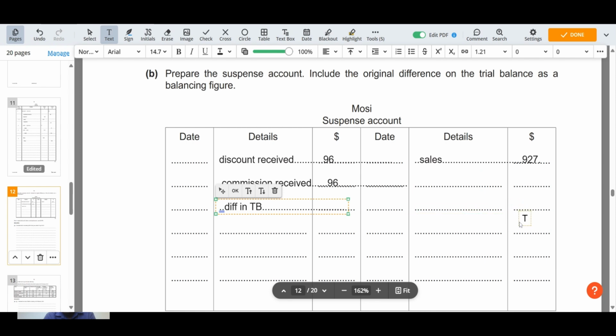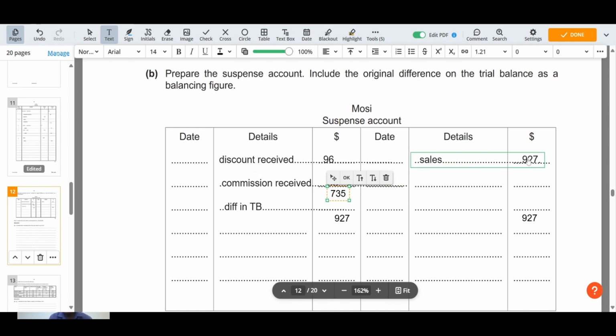So here we're going to balance it by, we have 927. That's the bigger figure that we have. And then it's still the same amount here, 927. So if you say 927 minus 192, it gives you 735. So 735 becomes our difference in the trial balance. So we balance it like that. So that's how we do it.